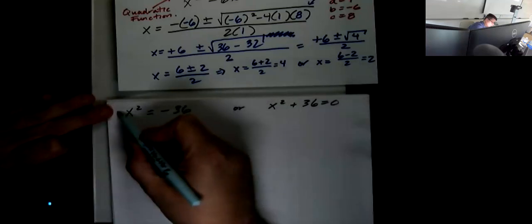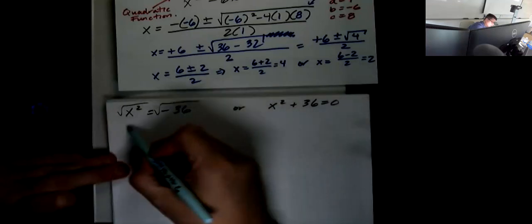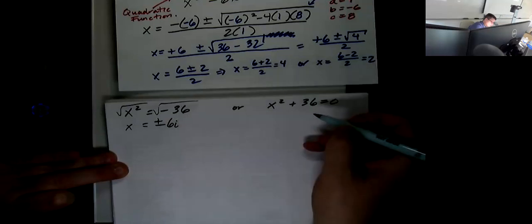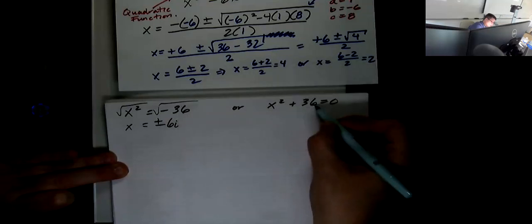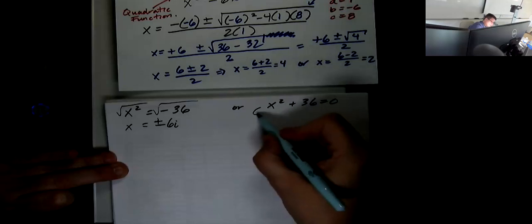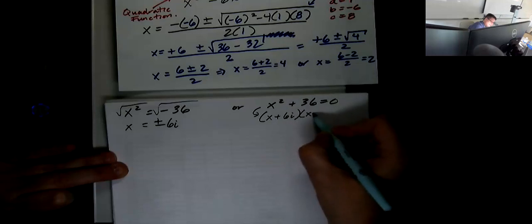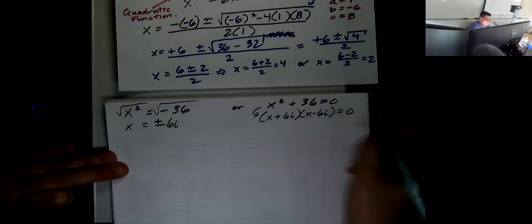I actually don't need to do anything, I can just take the square root here. And we get x equals plus or minus the square root of -36, which is 6i. You can do that here as well. But it's harder to see that this is x plus 6i, x minus 6i. It's harder to see.